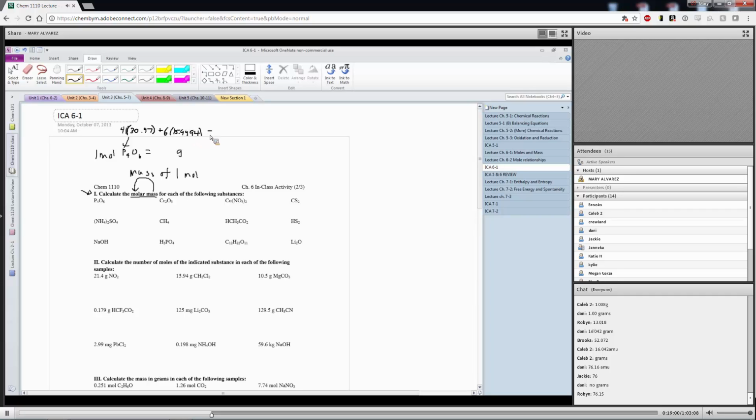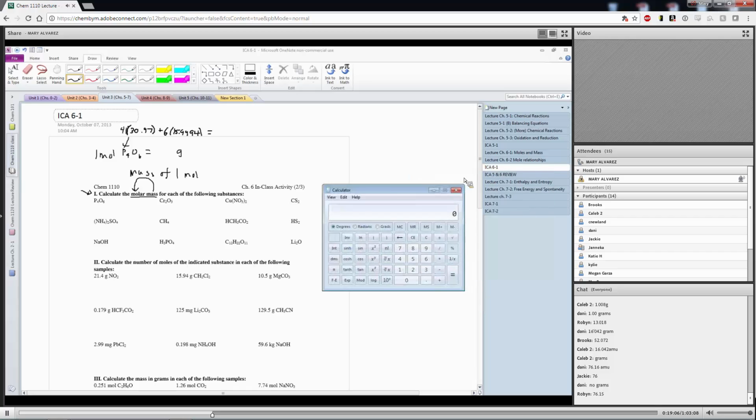And if I add all that up together, just pull out our trusty calculators. Here we go. 4 times 30.97 plus 6 times 15.9994 gives me a net mass of 219.88.